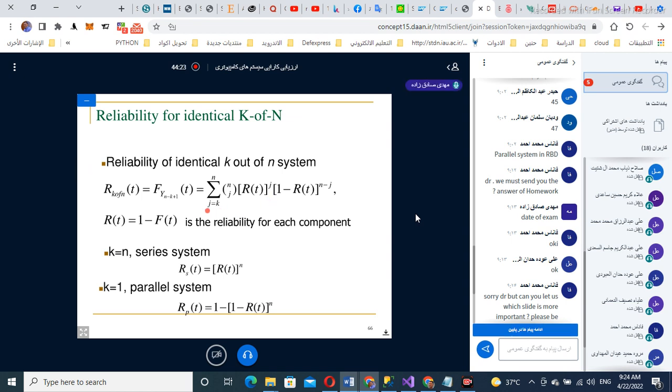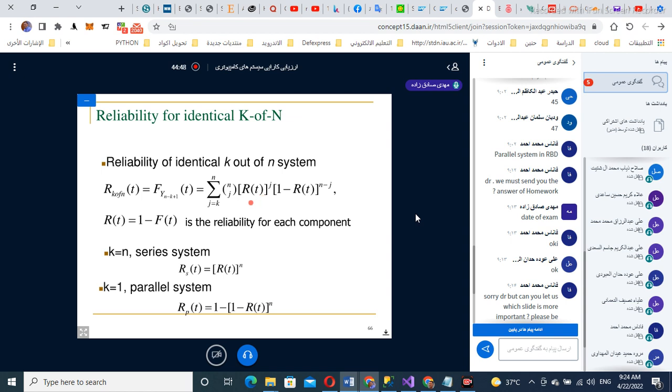Here, that is j equal k until n, so that is when 4, R(t) exponent j, (1 minus R(t)) exponent n minus j. That is for reliable.